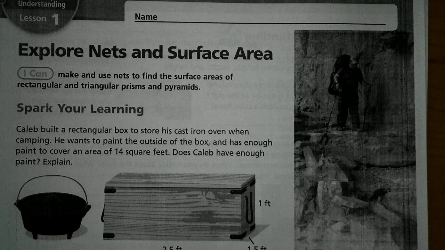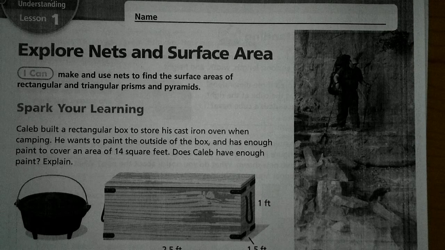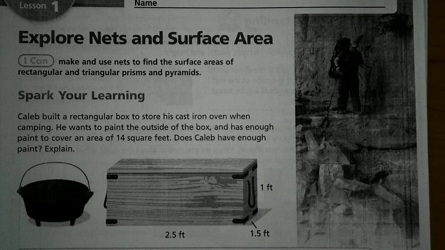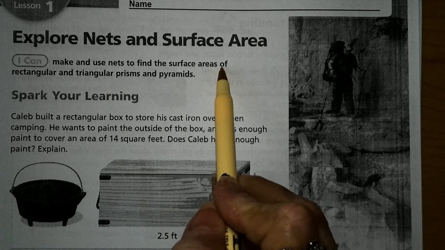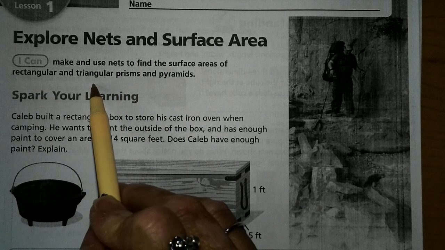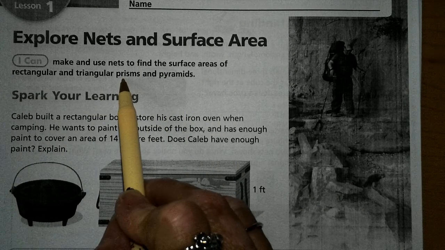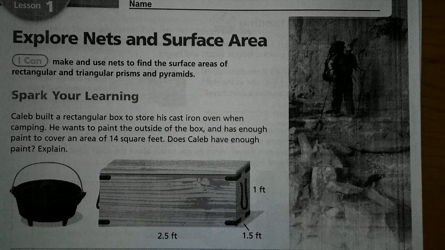Okay, so we are switching gears to our geometry. Okay, so we're going to explore nets and surface area. So it says make and use nets to find the surface area of rectangular and triangular prisms and pyramids.